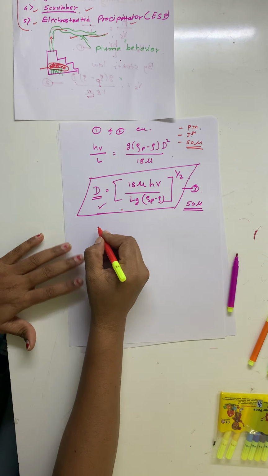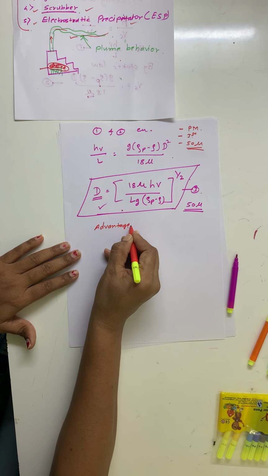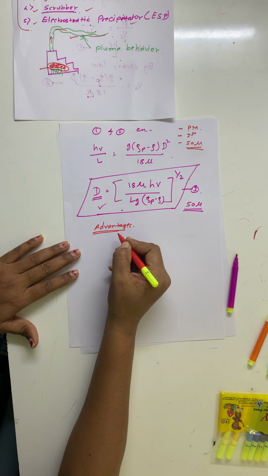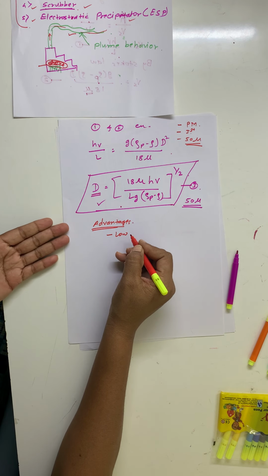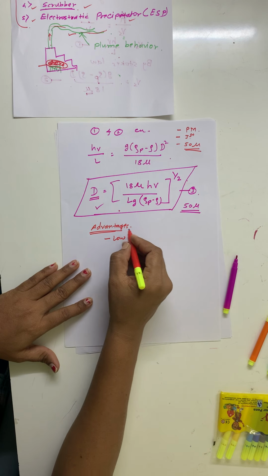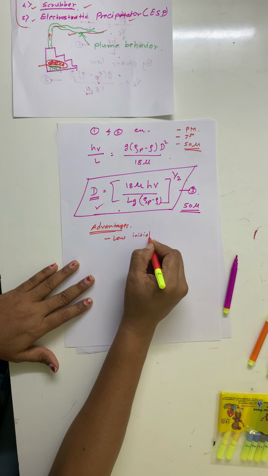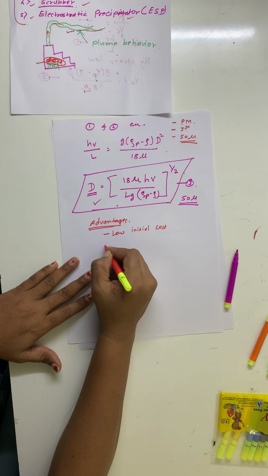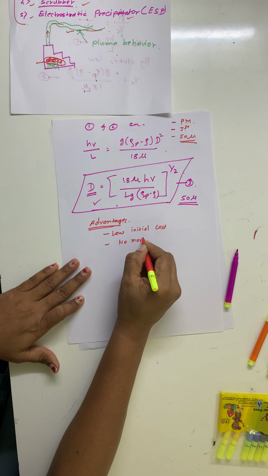What advantages do you feel with respect to this equipment? It has a low initial cost; you just construct it with bricks and cement, only taking care of the proper dimensions. There is no moving part, so there is no maintenance.